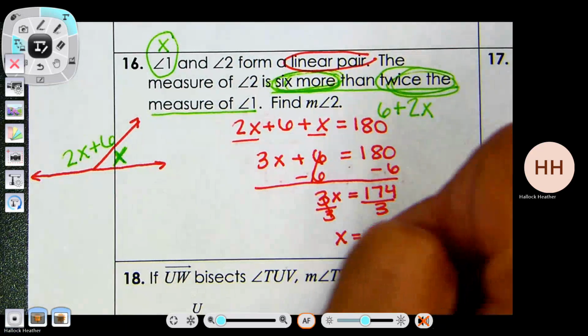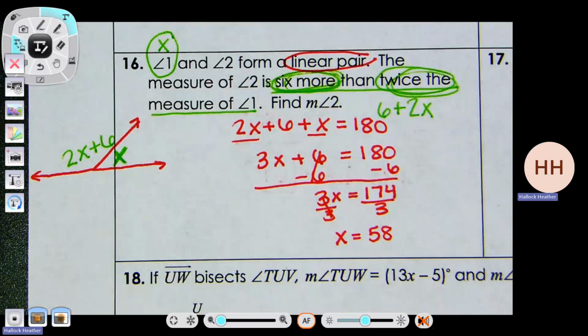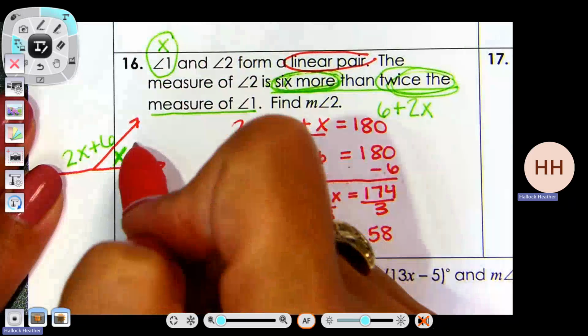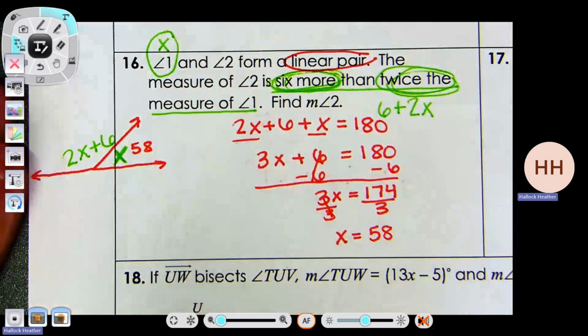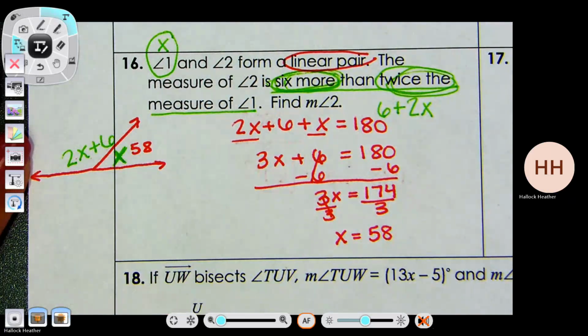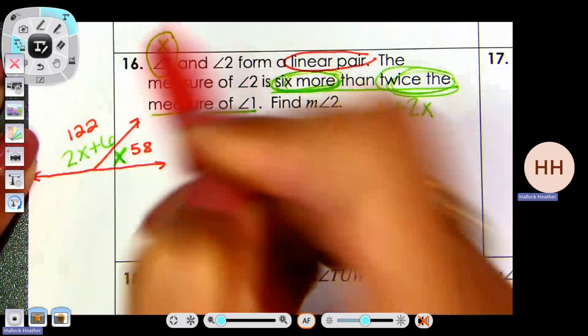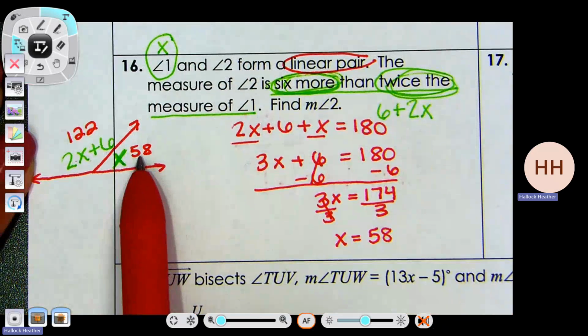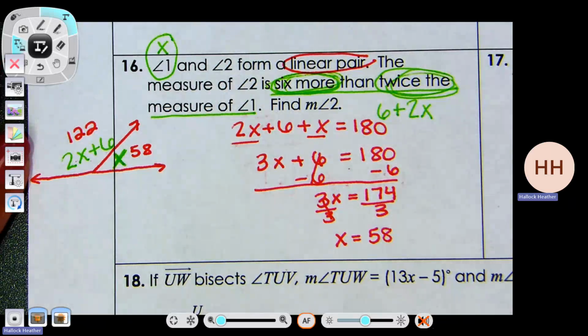58, yeah. Okay, so now you just need to decide. This angle is going to be 58. If I plug it back in, this is 58, okay? 2 times 58 plus 6, so I'm going to plug this back in. So 2 times 58. If I add 6, that makes 122. Is the answer that they're looking for 58 degrees or 122 degrees?